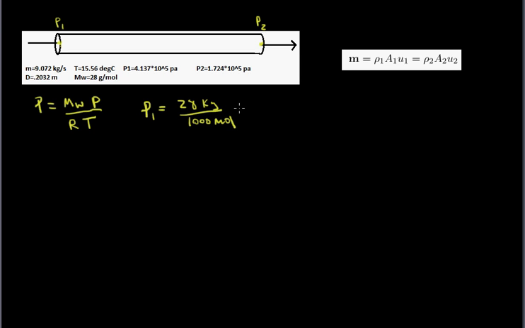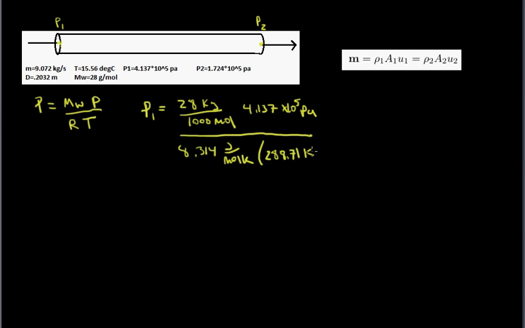And then the pressure 1, sorry, pressure 1 is 4.137 times 10 to the 5 pascals, and we're dividing that by 8.314 joules per mole Kelvin, and the temperature in Kelvin we need to add 273.15, so we get 288.71 Kelvin.